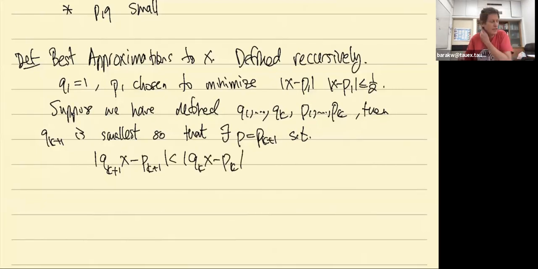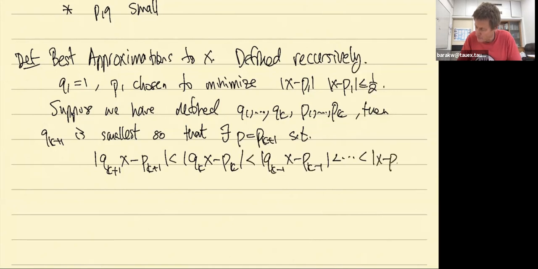So that's the definition of the next pair of numbers, P_{k+1} and Q_{k+1}. And of course, by induction, you have this kind of improvement in the quality of the approximation of these numbers.